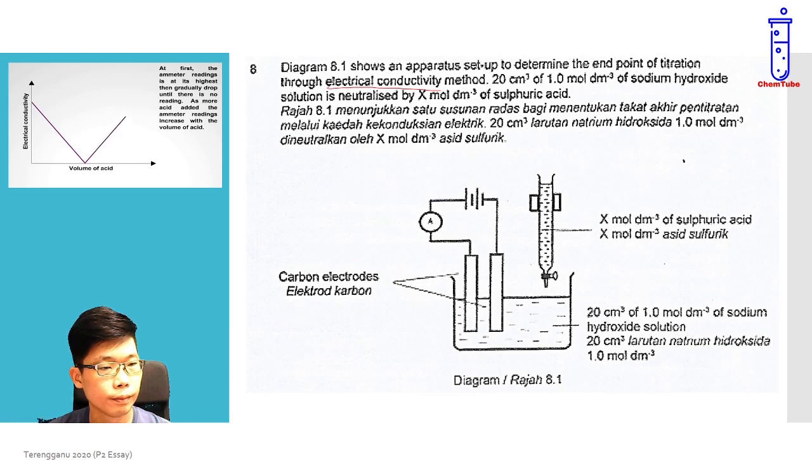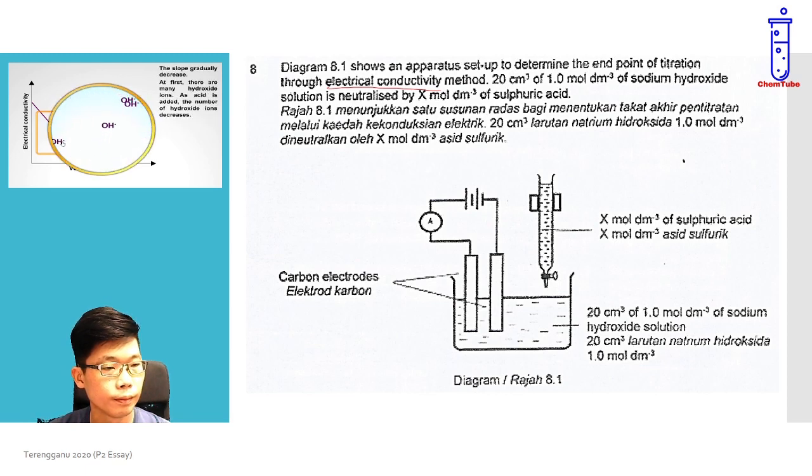What information can you get from this graph? At the beginning, there are many hydroxide ions present. When acid is added, hydrogen ions from the acid combine with the hydroxide ions to form water molecules. Thus, less and less hydroxide ions are discharged at the electrode. Therefore, the ammeter readings decrease with the increasing amount of acid added.